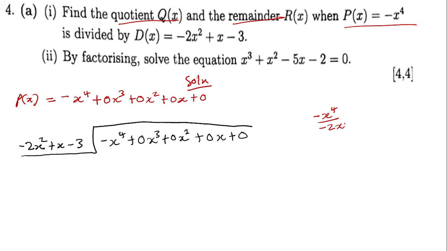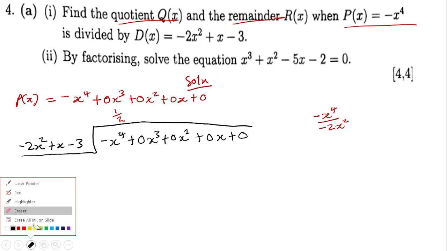Remember, it's only that guy there. So that will be negative half, and then you're going to have x squared there. Sorry, positive half, not negative half. It's going to be positive half, so I can divide there.